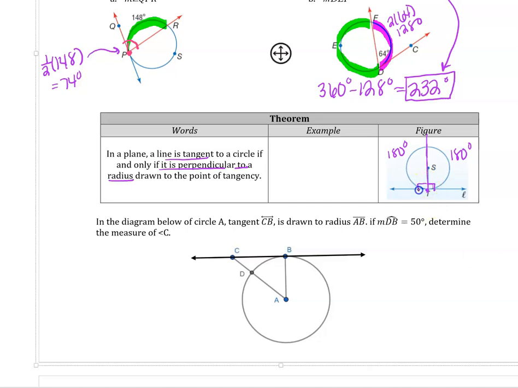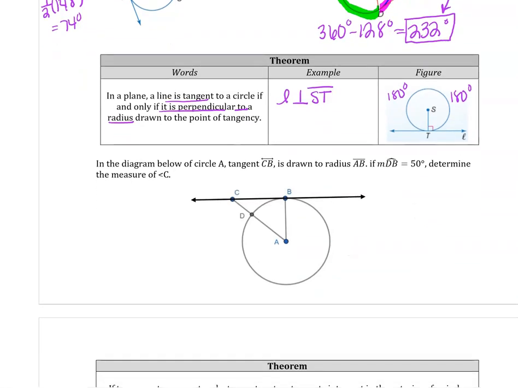Same idea on the other side. Okay, so this is really just a specific case of the theorem that we did up above. So I can say that we will then know, this has to be true, that line L is perpendicular to ST.